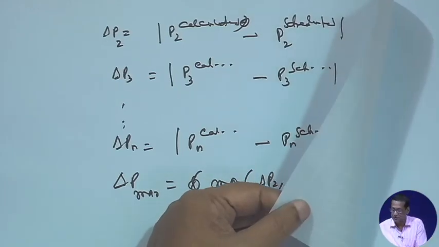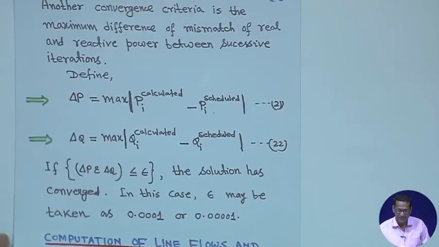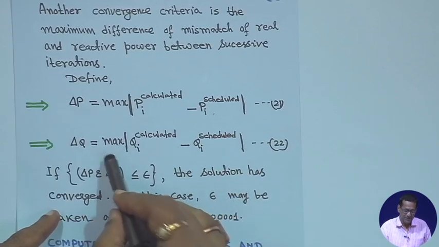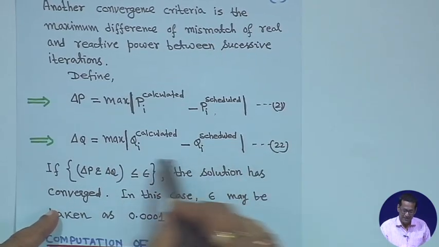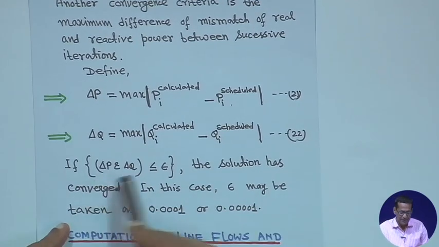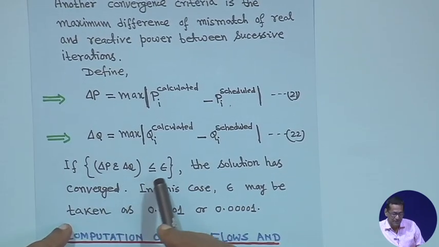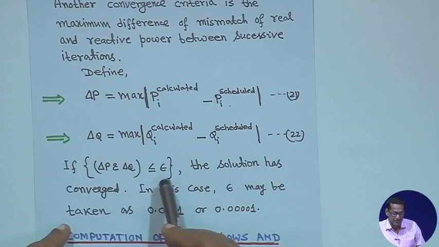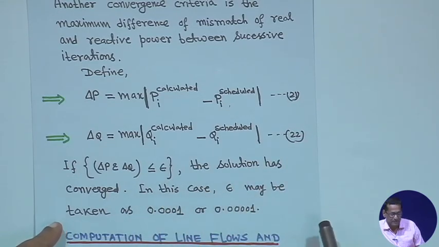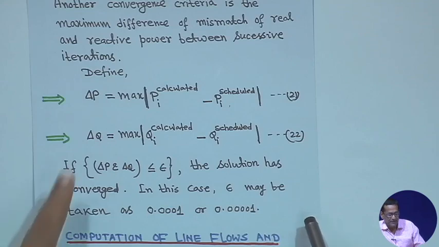Similarly for delta Q also. This is the meaning of this equation. The same is applicable for delta Q, in the same way. If both delta P and delta Q together are less than or equal to epsilon, then you take the solution as converged.